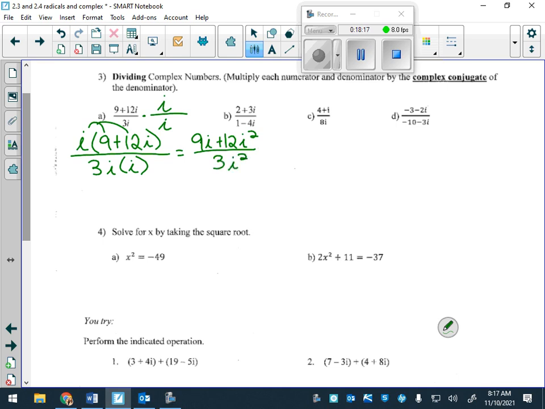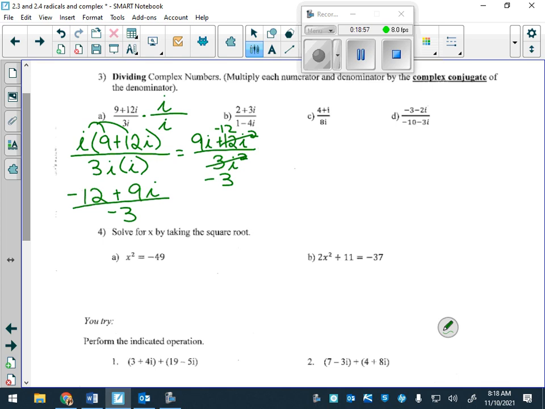Now we see i squared there. What does i squared equal? Negative 1. So 12 times negative 1 gives us negative 12. So we have 9i minus 12, which I'm going to rewrite as negative 12 plus 9i. Then we have 3i squared. i squared is negative 1, so this becomes negative 3.